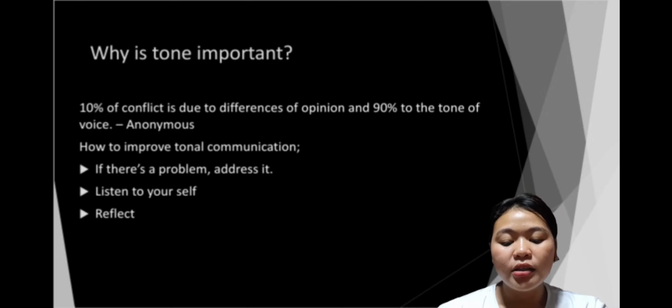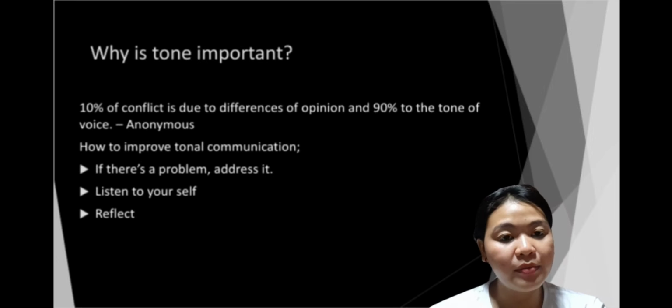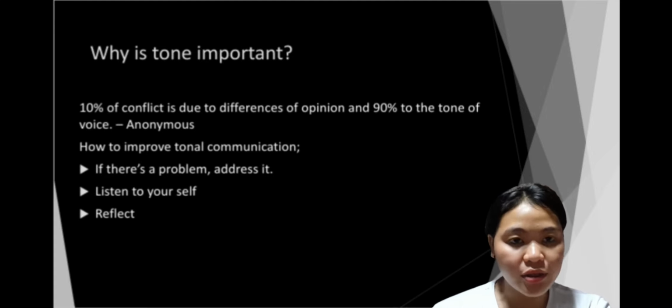So these are the following ways to improve tonal communication. First is, if there's a problem, address it. So address a problem, come to a resolution, and move on. Second is, listen to yourself. So record conversations to learn how to interact with others.